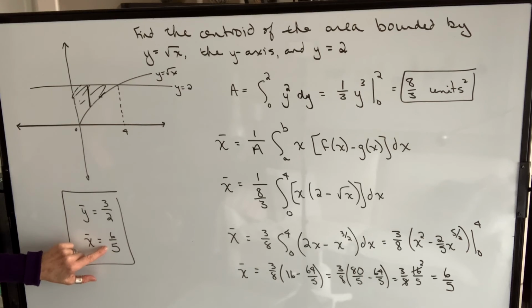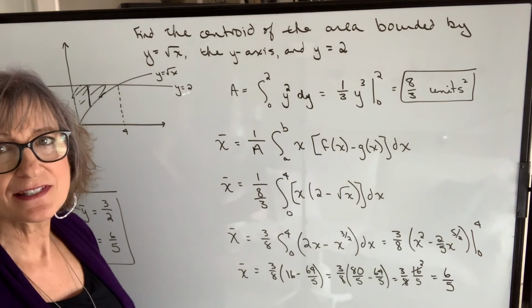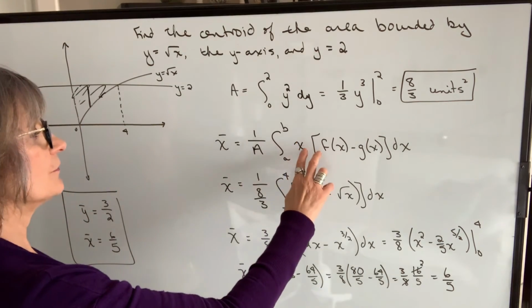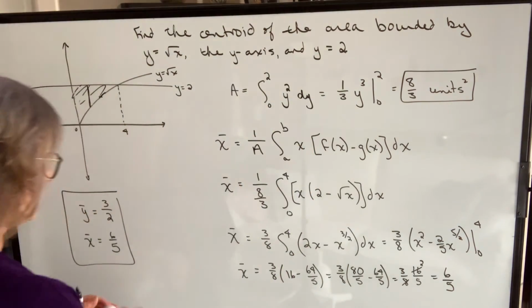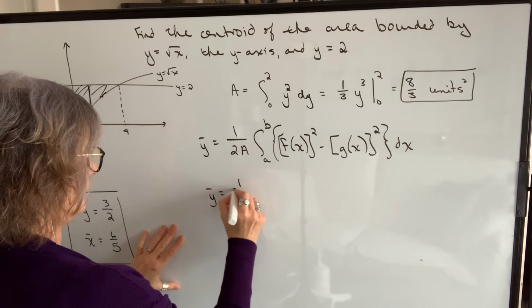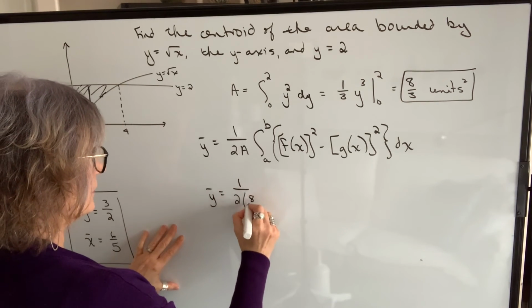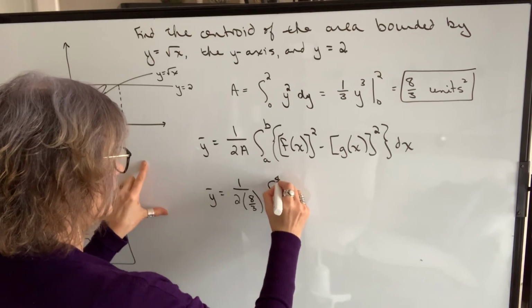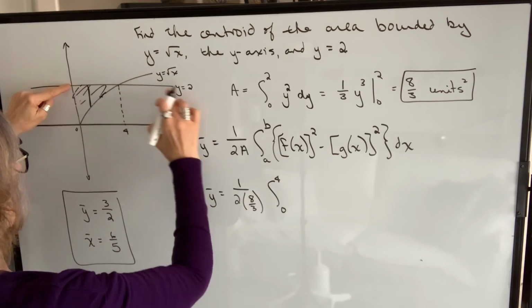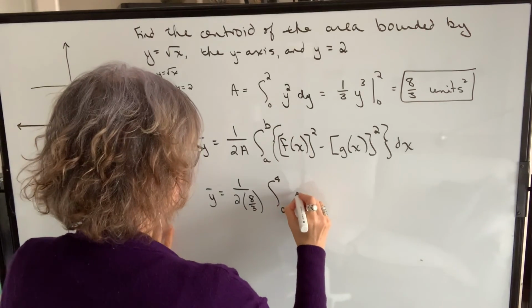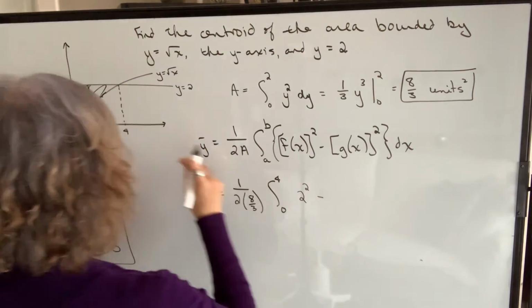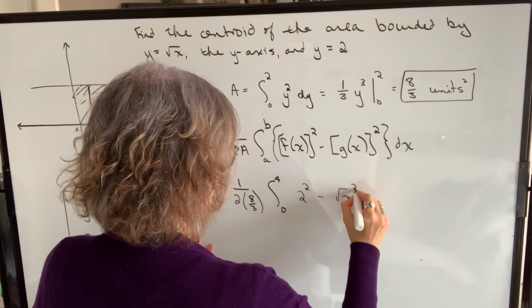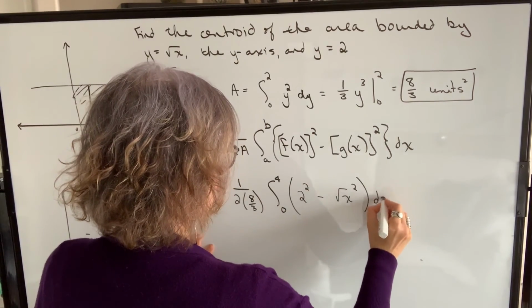And when we did it with horizontal, it was actually easier. But you can see that in this example, you can do it either way. Let's now use vertical rectangles to find the y coordinate. So I put the area in. We're going from 0 to 4. F of x, that's the top curve, so 2 squared minus g of x, which is square root of x squared, dx.